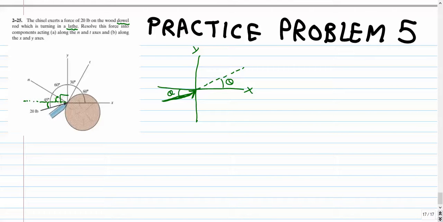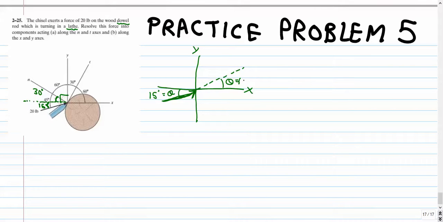And we know that this angle right here between this N line and our 20-pound force is 45. So this smaller angle between the x-axis and the 20-pound force should be 15 degrees. So we know that theta equals 15 degrees.